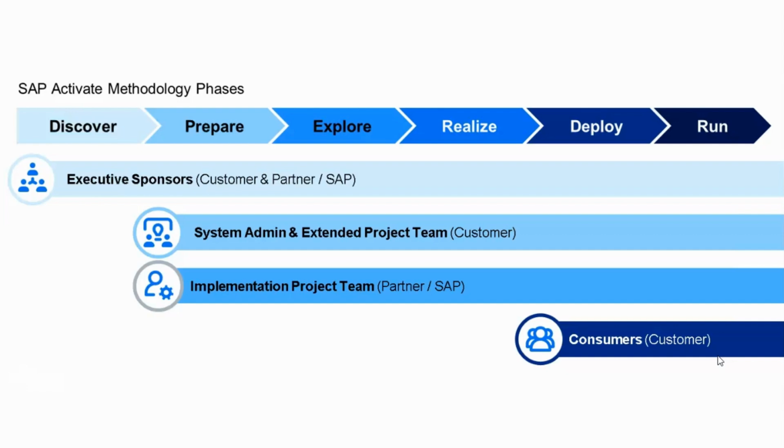Additional members will likely be added to the customer's extended project team as the tasks of integration, customization, and data migration are completed by the partner or SAP implementation project team.